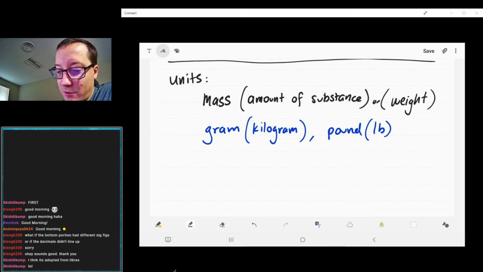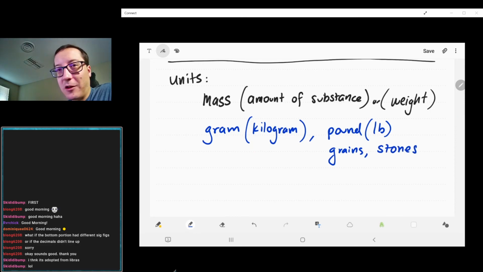You may have other ones. In the U.S., you have grains, stones. Well, I guess these are more in the U.K. These are all components. I think there's 14 pounds in a stone, and how many grains in a pound? I don't remember. You also have ounces. There are 16 of those for a pound.